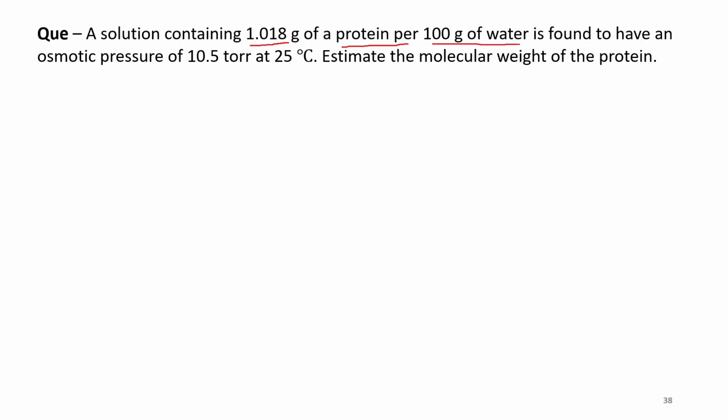This solution is found to have an osmotic pressure of 10.5 torr at a temperature of 25 degrees Celsius. So we need to estimate the molecular weight of the protein. Let's solve this question.